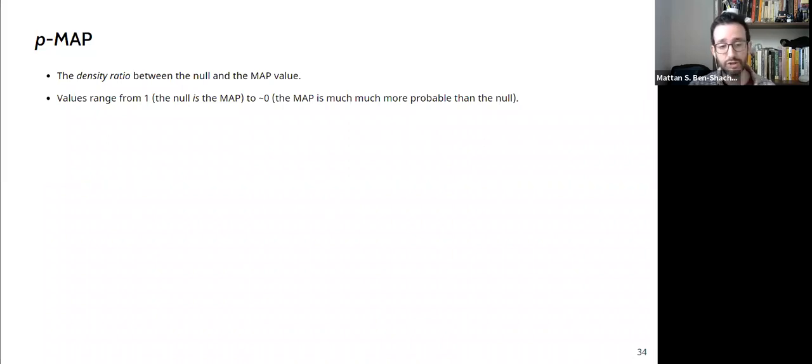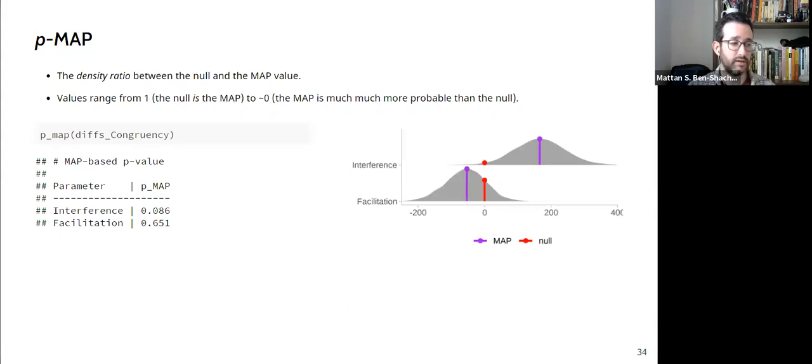We can get this measure using the p-map function, where we find that the interference effect has a p-map of 0.08, right? We can see here that the maximum a posteriori value is more than 10 times more probable than the null value, which is what we have as this little dot here. Whereas the facilitation effect has a p-map of 0.65, where the most probable value isn't even twice as probable as the null value.